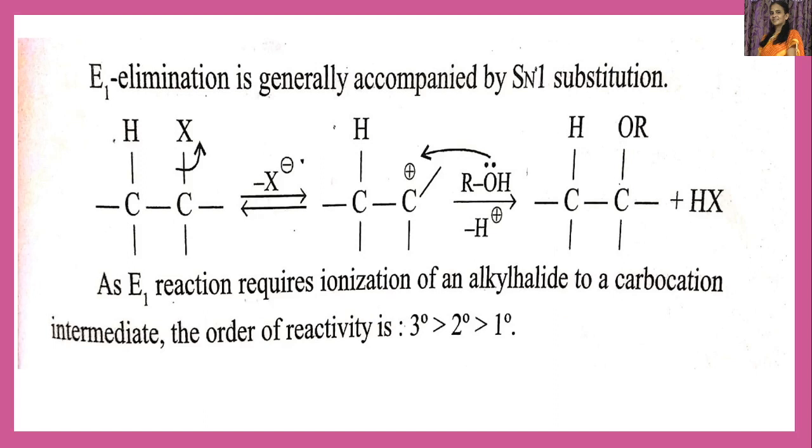Then, the alcohol, because we used alcoholic KOH as a reagent in the dehydrohalogenation reaction, attacks this carbocation with the help of the lone pair present on oxygen. It combines with the oxygen to form this molecule, and H goes away with X.